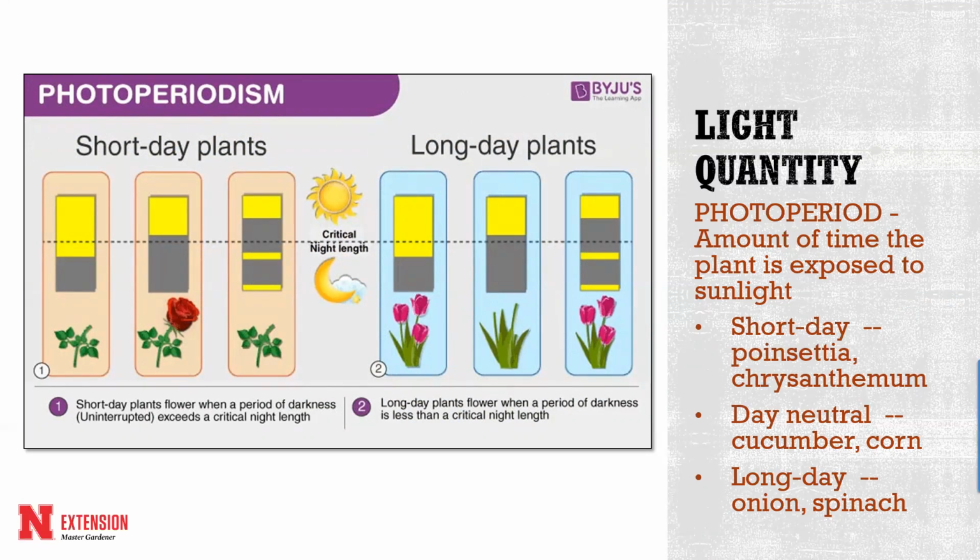Most of the time, you look at short day, day neutral, and long day plants. A short day means the night is much longer, with uninterrupted time of darkness. Poinsettias and chrysanthemums are the two that we always think of as short day plants.